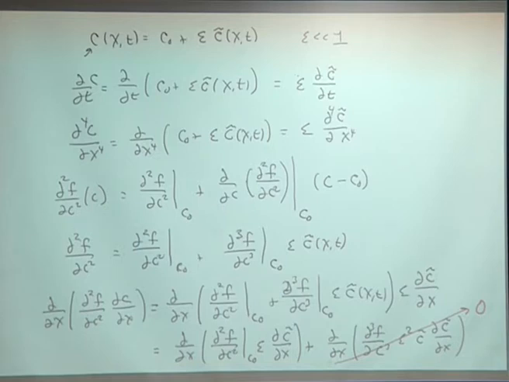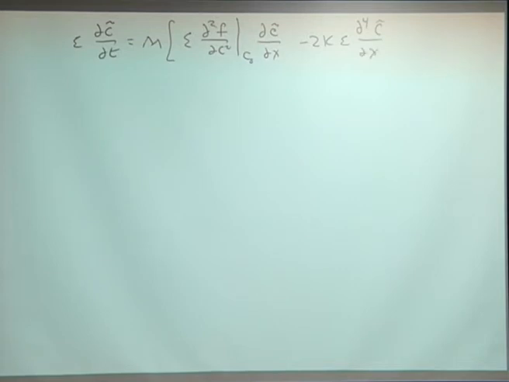And so then we can put this all together, and we get epsilon partial c tilde with respect to t is going to be equal to m epsilon c0, right?